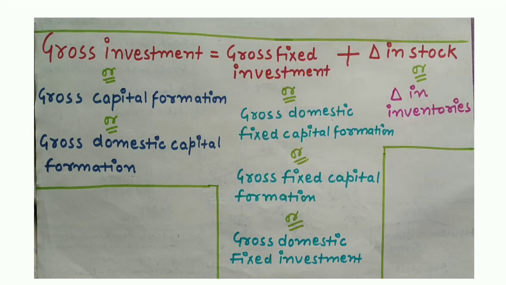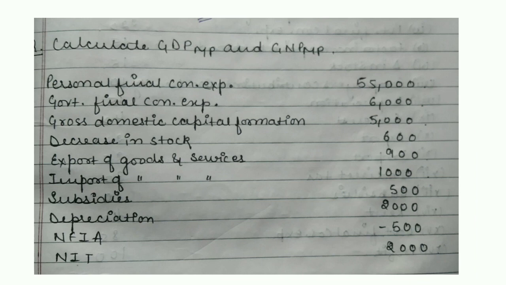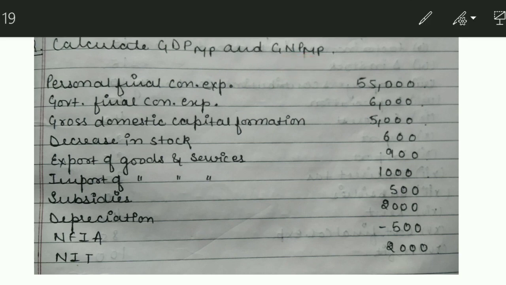Now let's see one question to check whether whatever we have done in the preceding slides is clear to us or not. Here the question is asking us to calculate GDP at market price and GNP at market price. I have told you that in order to reach any aggregate of national income, first you need to find GDP at market price, and the first part is also asking us to do the same.